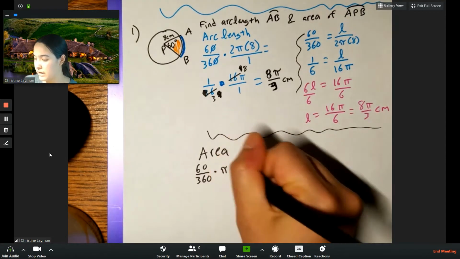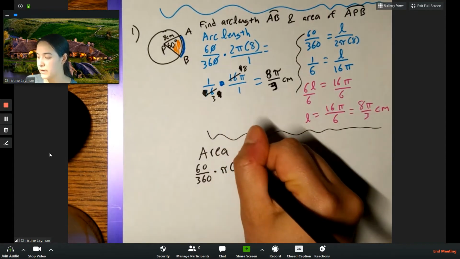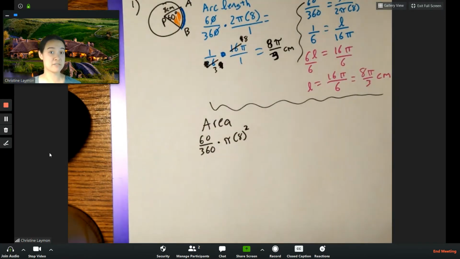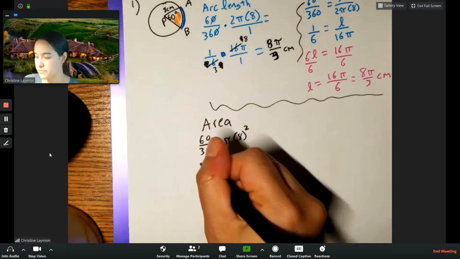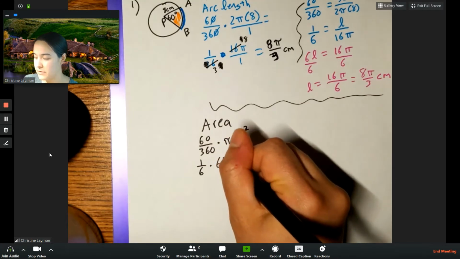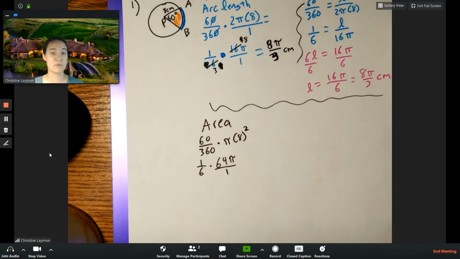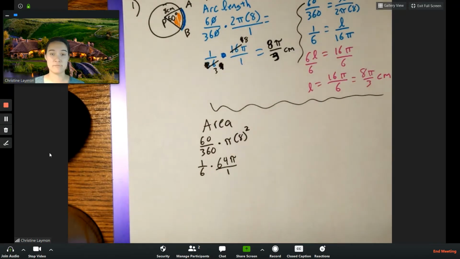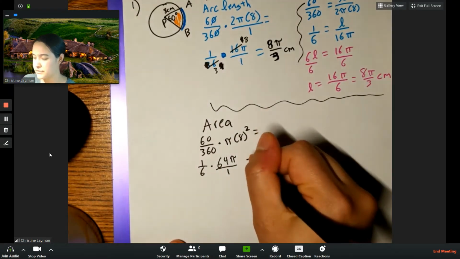So pi 8 squared. Remember, 60 over 360 is just 1/6. So this pizza slice is 1/6 of the entire pizza. So 1/6 times 64 pi. I'm going to put that over 1 so I remember where that separation is. And I got the 64 by doing 8 squared. And these are all equal signs.